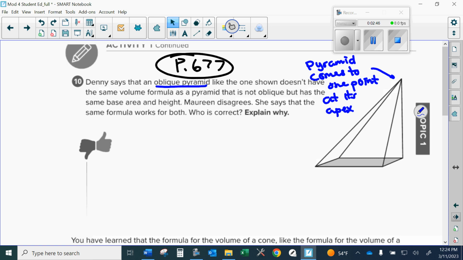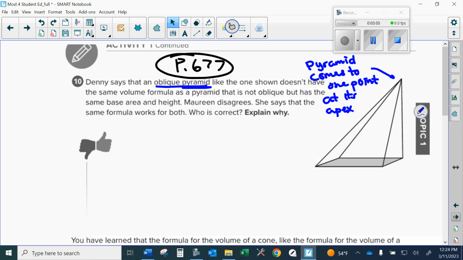So anytime you see just one point there, that's a pyramid, or a cone if it's a circle base. It's a pyramid if it has a polygonal base. So cone and pyramid are almost the same, except a cone has a circle base, a pyramid has any polygon for its base. Oblique, at an angle.